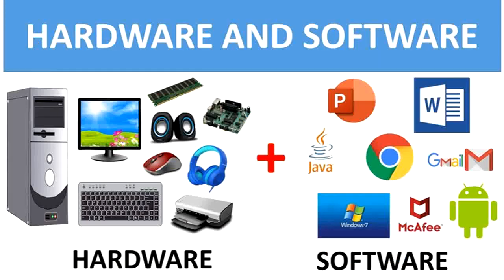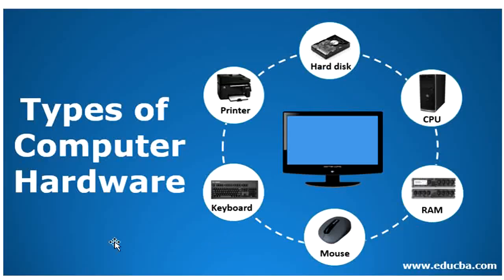Today we are going to start a new chapter, chapter 2, hardware and software. Today we are going to see different types of hardware which are commercially used. These are the normal ones which you already learned: types of computer hardware like keyboard, mouse, RAM, CPU, hard disk, printer, monitor.